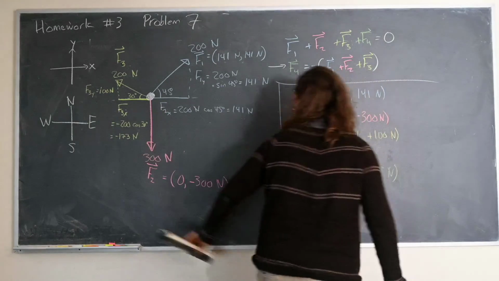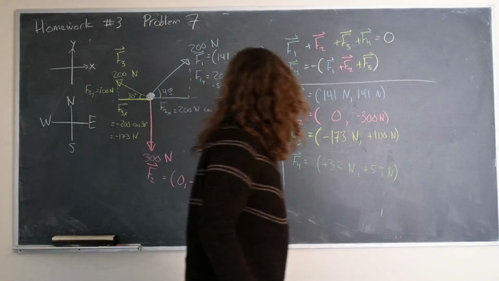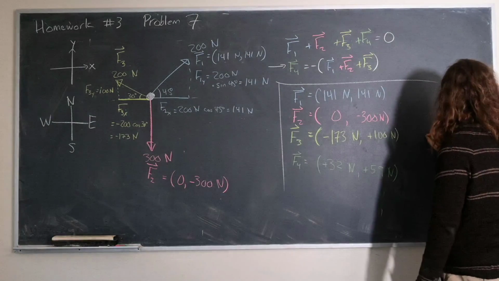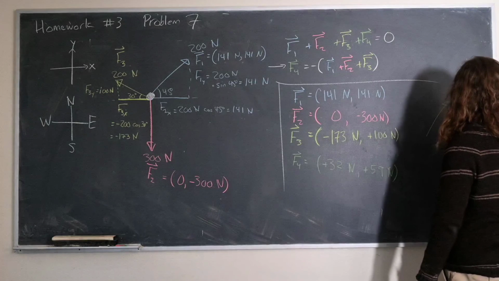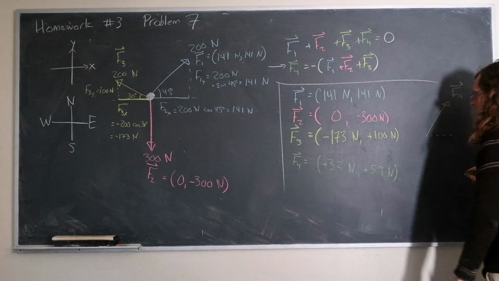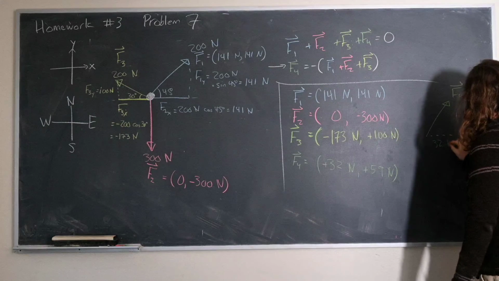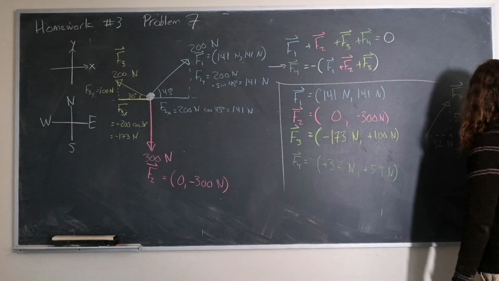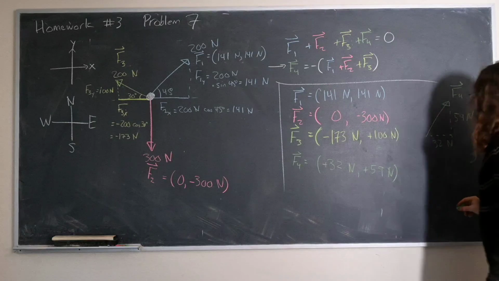Now, the question doesn't ask you for x and y components. The question asks you for magnitude and direction. So let's see, I've got a vector here, F4. Its x component is 32. Its y component is 59.